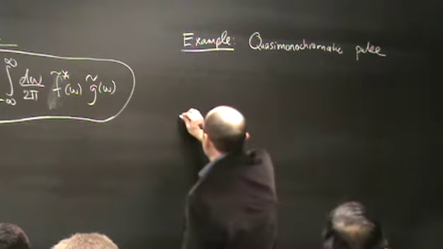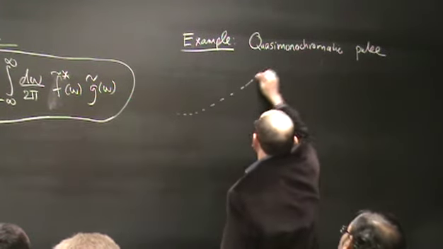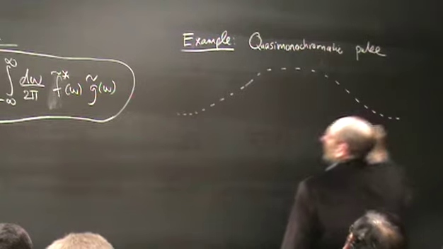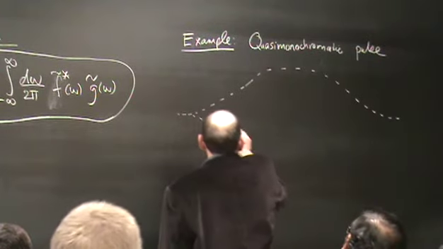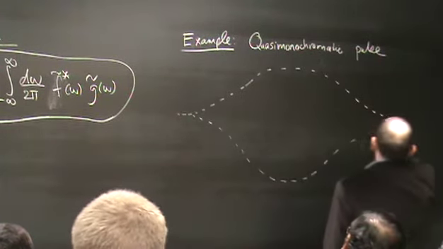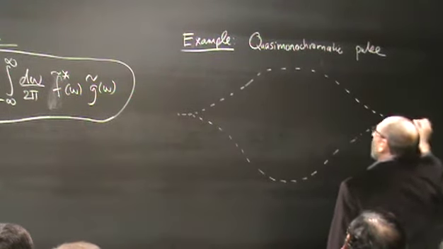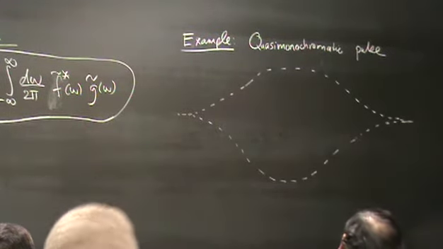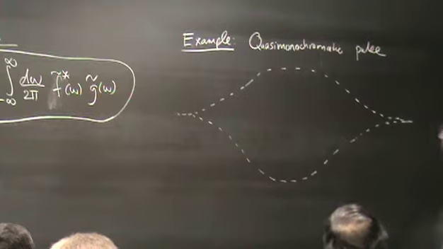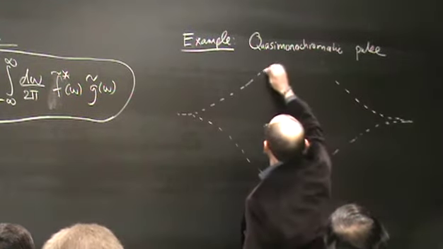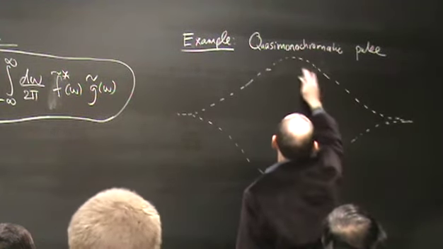So what we mean by this is the following. I have some finite duration pulse. It's not an infinitely long wave train, which we said was unphysical. So it's got a finite duration. It's supposed to be a Gaussian.